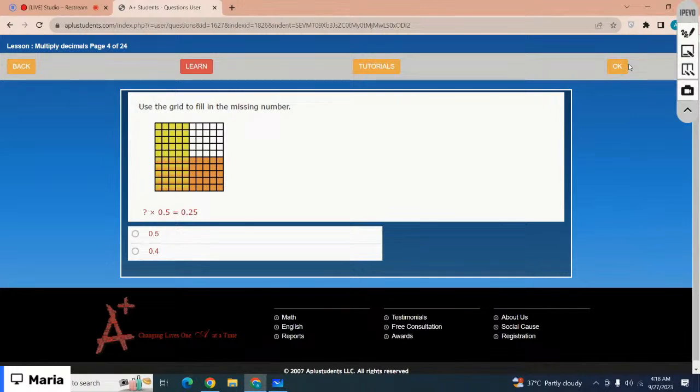Use the grid to fill in the missing number. So which is the correct option?